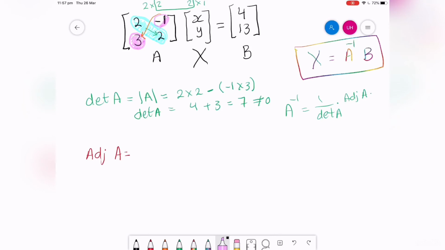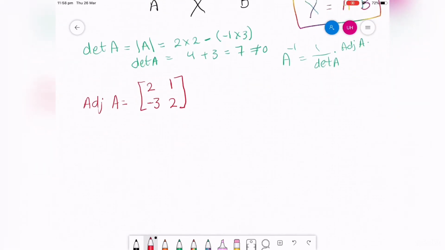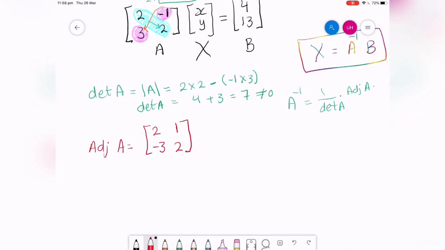So the adjoint here is going to be still 2 and 2, and the -1 is going to be +1, and the 3 will become -3 because we change the sign. Now I can use the adjoint and the determinant to find the A inverse.